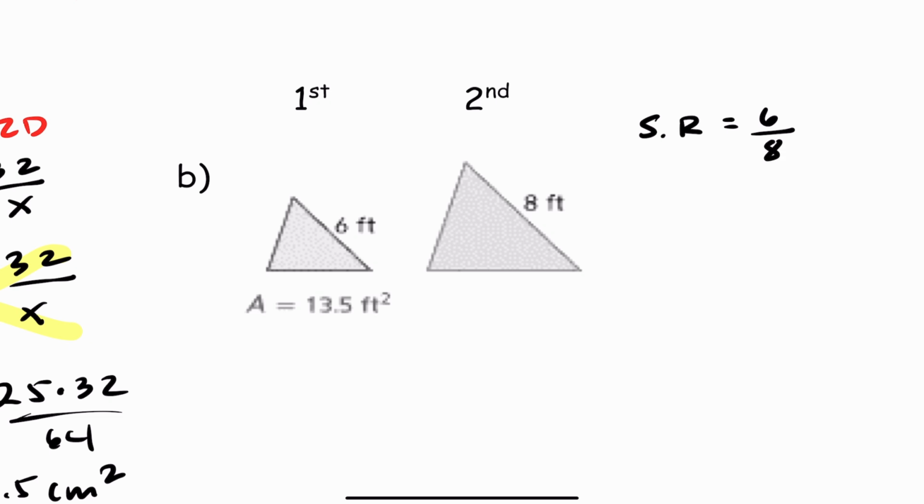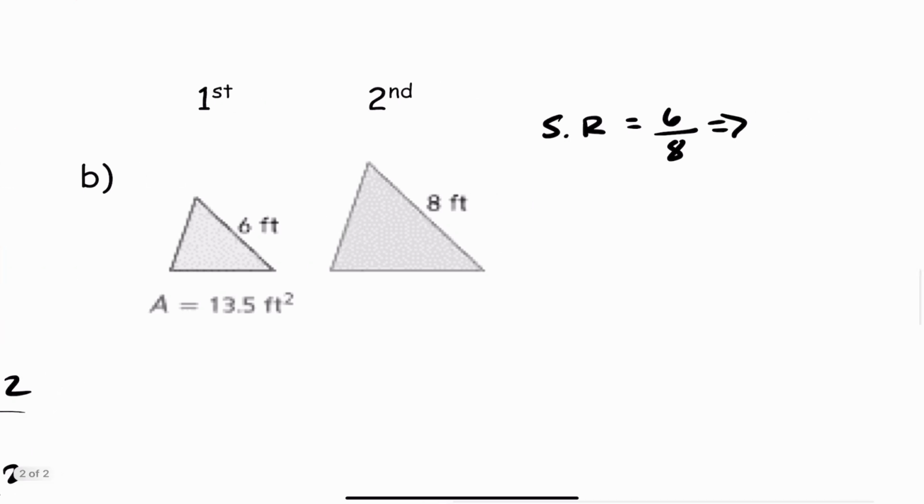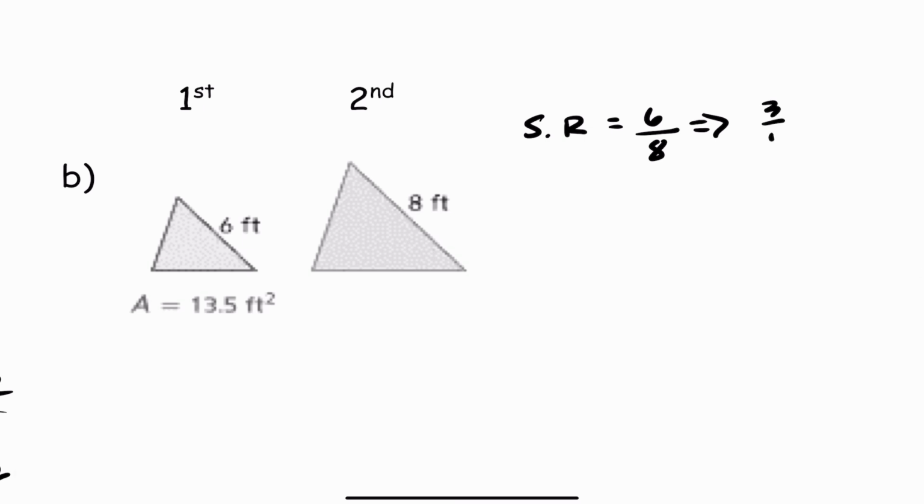Is this okay? You have to simplify. If you simplify this, you get 3 over 4. So I'm going to make a note: simplify. Now I have 3 over 4 equals 13.5 over X. 13.5 is the figure where I'm trying to figure out the area, so A is going to be X for that one.